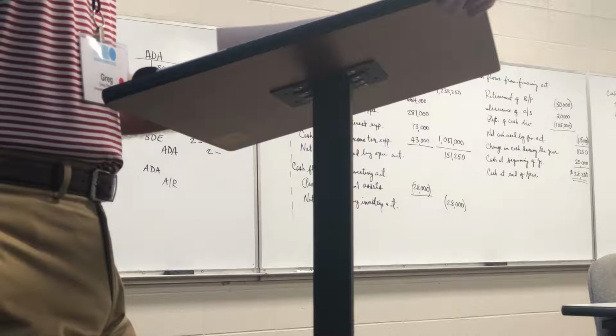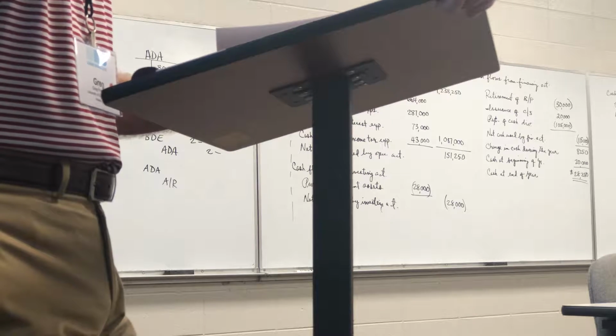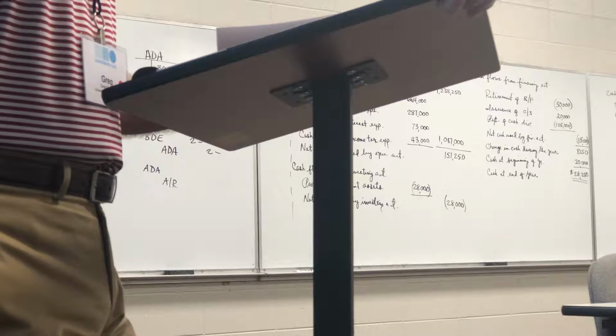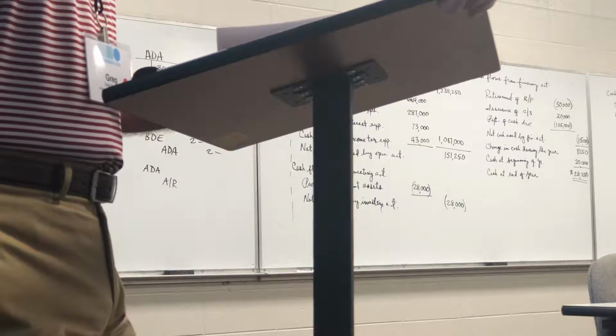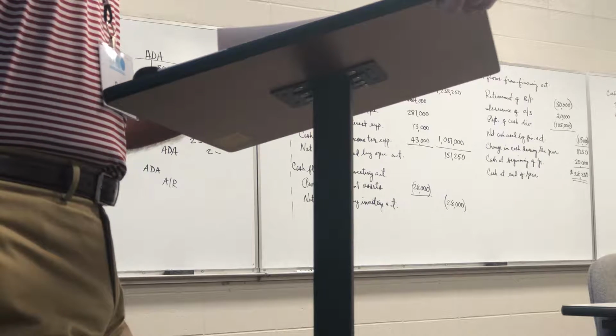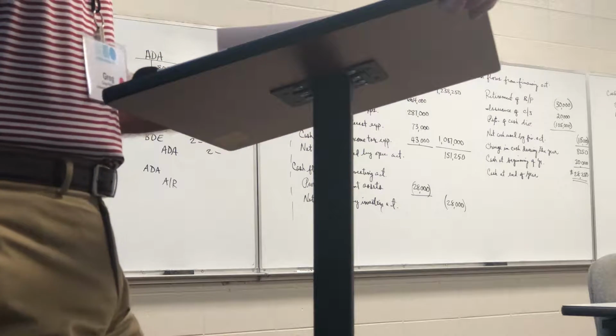Then we're going to adjust for gains and losses on asset sales. What do we have? Do we have any of them? Gain on sale of what? See, if you abbreviate so much, you can't even tell what you wrote. Investments.